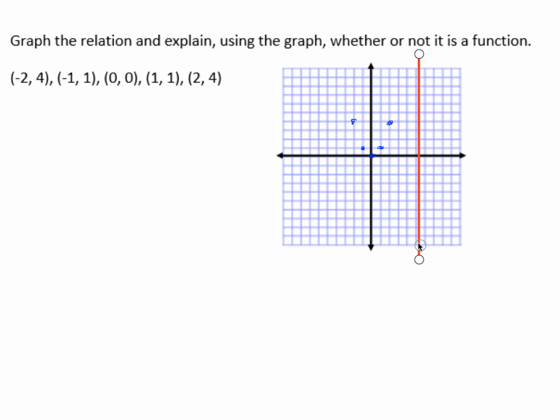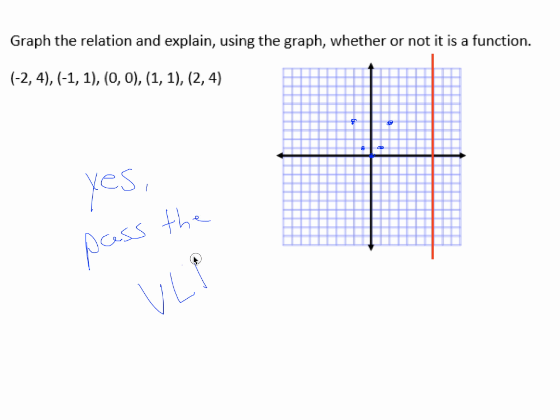So it is a function because there's no vertical line that passes through 2 or more points. It passes the vertical line test. Some people actually just say VLT, vertical line test.